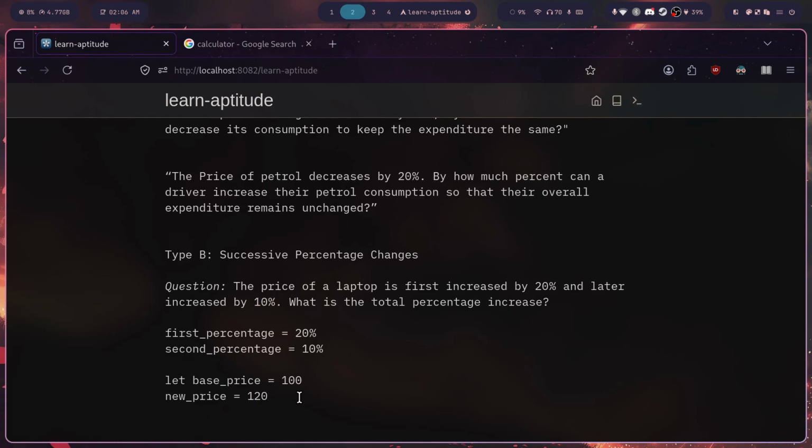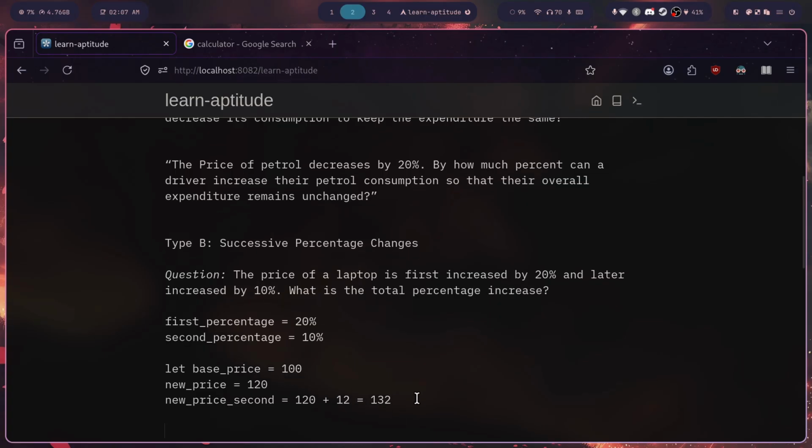So 120 plus 12, the total will be 132. So the answer would be 32%. If you look at it, 132 minus 100 results in 32%.